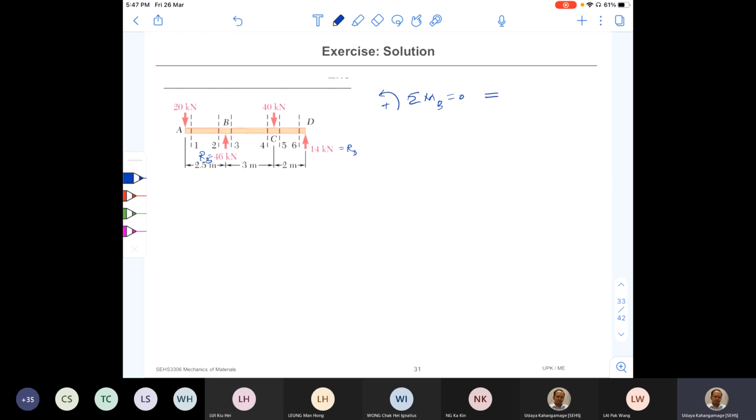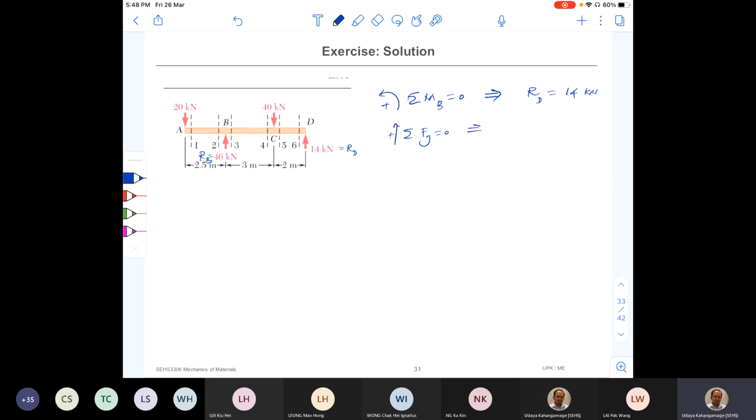Using this equation, you should be able to find RD. The answer I got is 14 kilonewton. And to find RB, you take the moment at point D. Oh, no need to do that, right? You can simply take the sum of forces in the y direction.